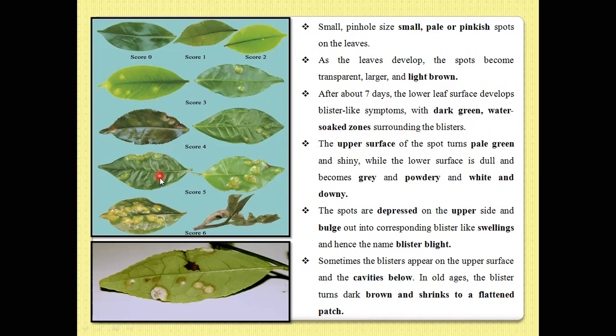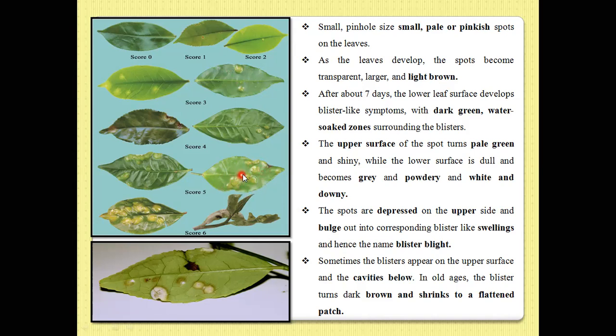Suppose you see the upper side of the leaf: initially pale green to shiny spots are seen on the upper side, and corresponding to them you see the lower side of the leaf.